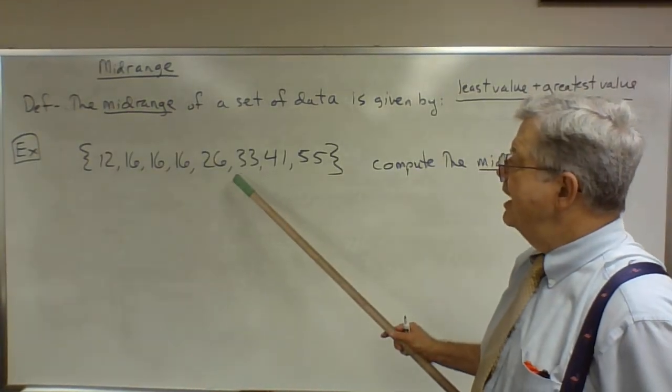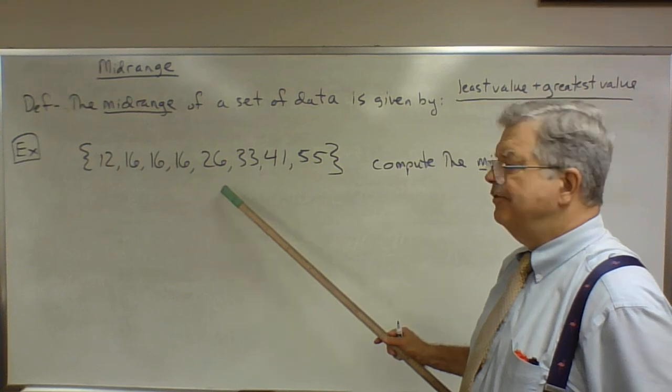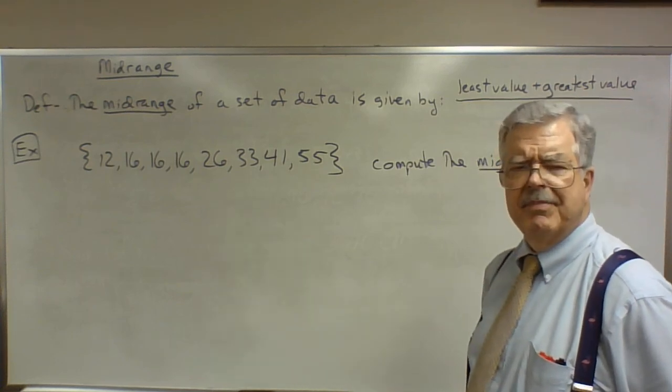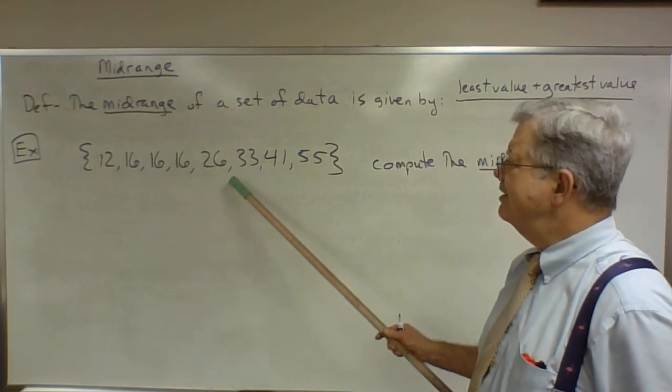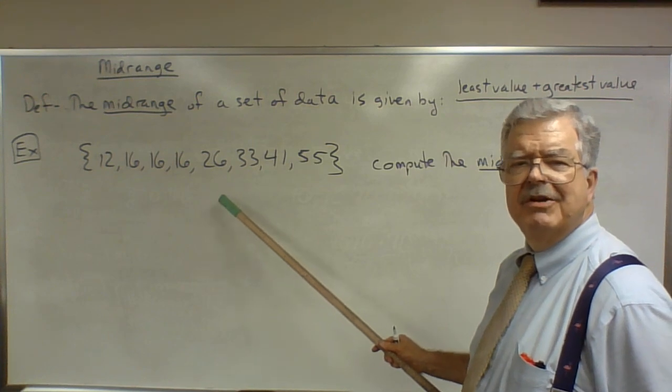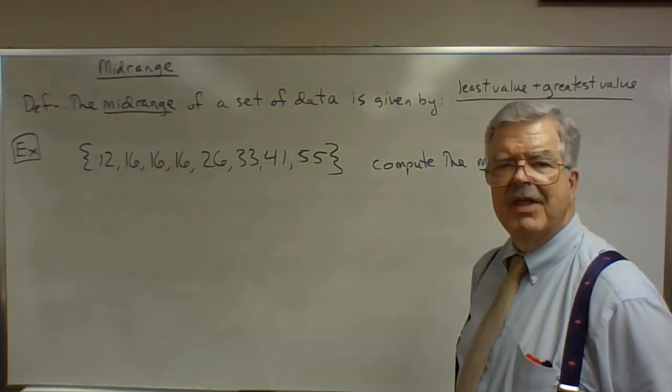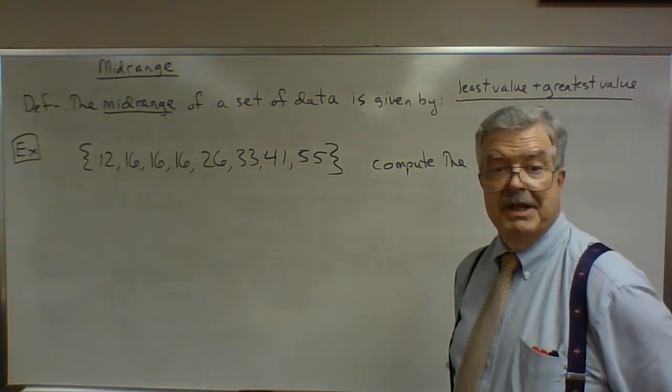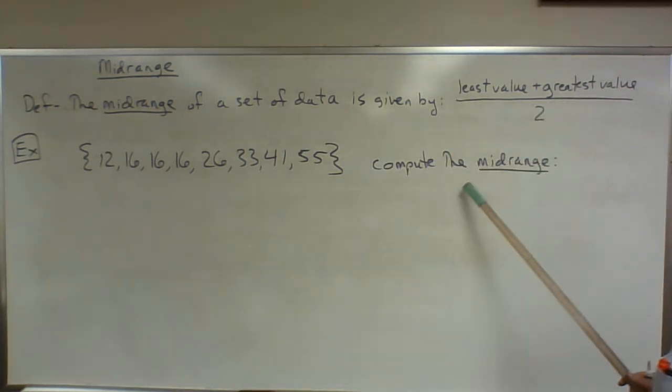One more example. You may or may not remember, but we've seen this set of data before. It wasn't related to test grades or anything. We just used this as an example when computing the median. Now we want to compute the mid-range.